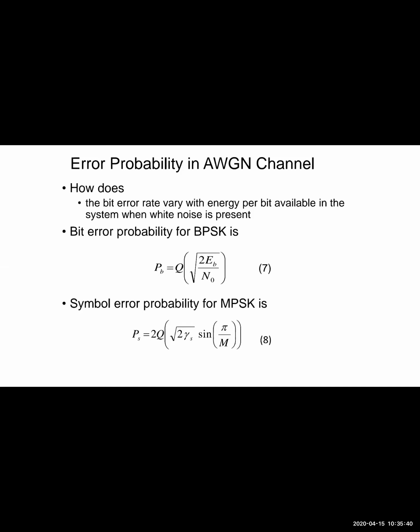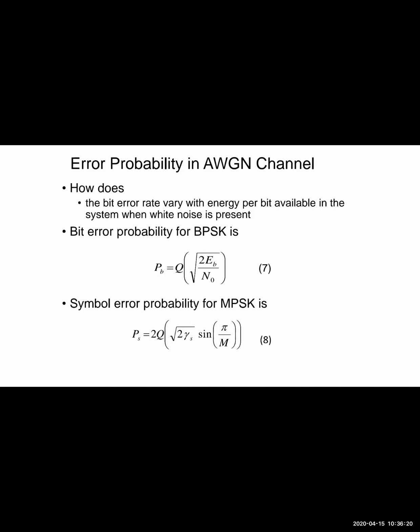If you send a PSK signal through additive white Gaussian noise with increasing gamma B, what is the effect? If you send a PSK signal through a flat fading channel with increasing gamma B, what is the effect? If you send a PSK or MPSK QAM signal through a channel with increasing gamma B, what is the effect? Those are the conclusions that we want to draw in this introductory class.